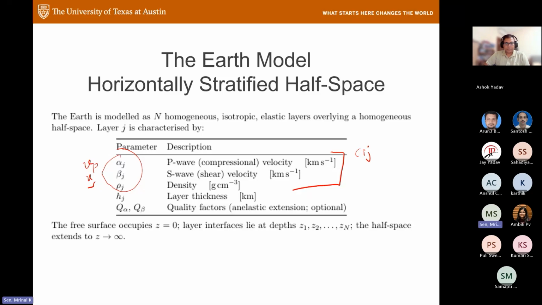Now, this is interesting when there is anisotropy. What is the Q value? Because as you saw in our Hooke's law, when we include attenuation, we had the viscosity term, and that also has 21 coefficients. So ideally, we have 21 stiffness coefficients and 21 Qs, and that is something we don't understand, in the sense that we don't have measurements, we don't know what they are.